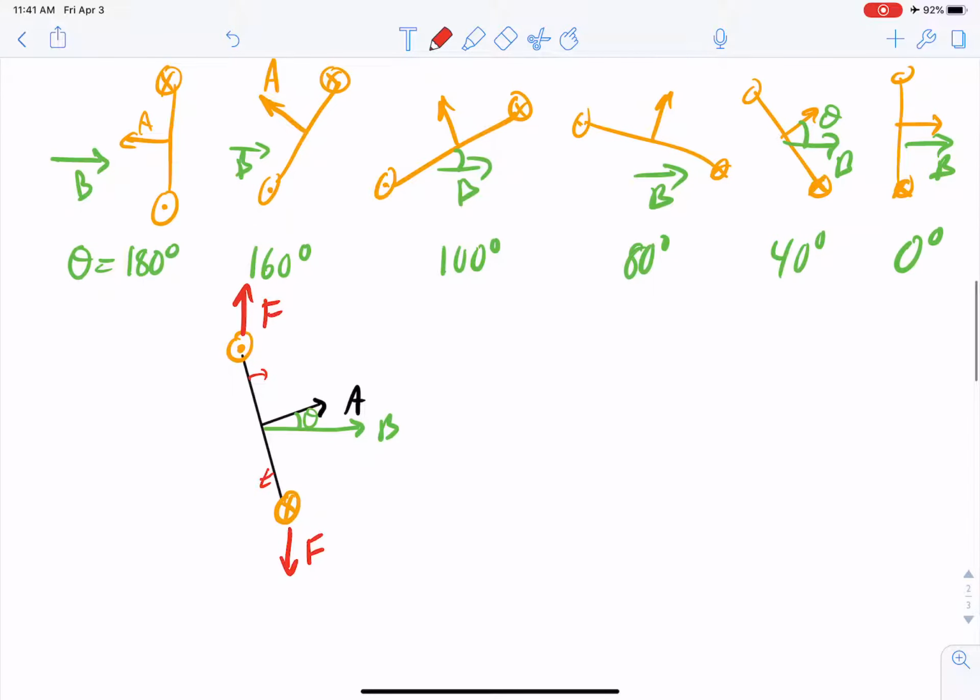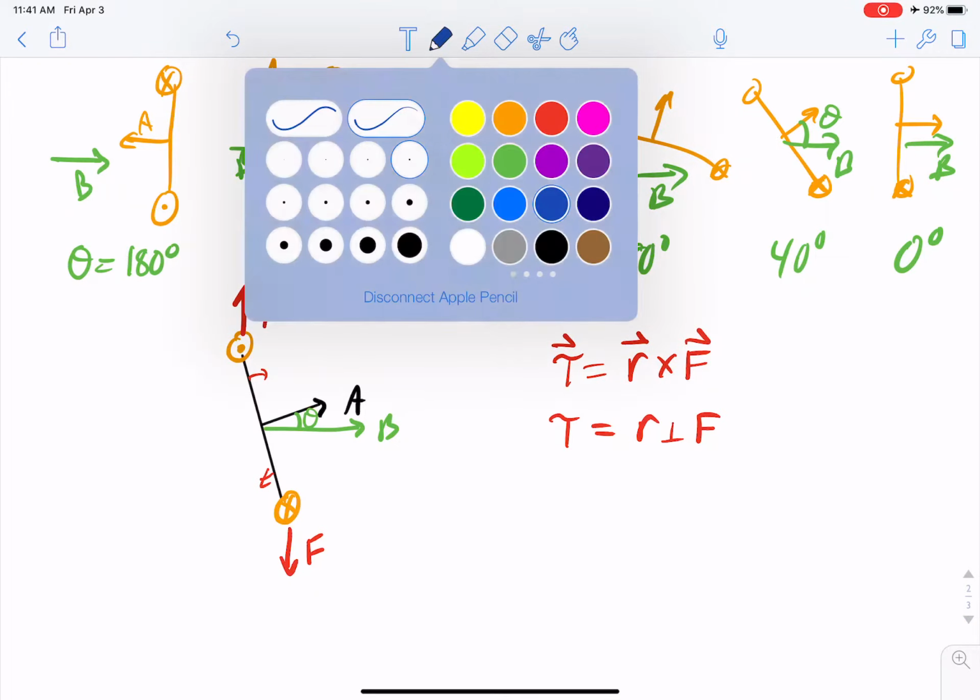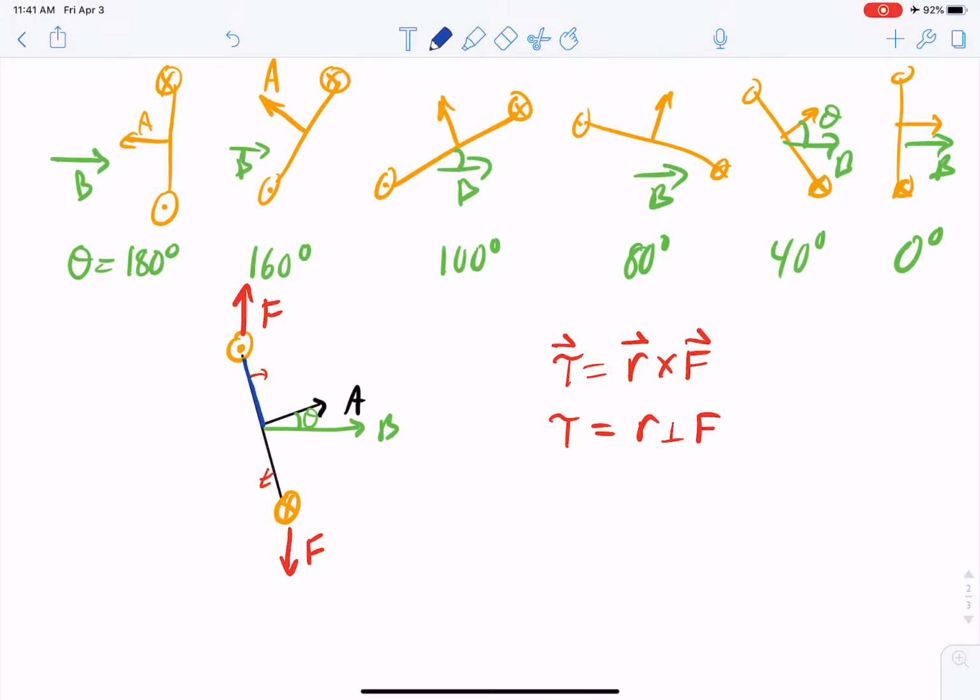So what is the torque? Probably didn't write it this way last time. You need to take the perpendicular component to one of those vectors. What is R? R is pointing from the axis of rotation to the place where the force is applied.